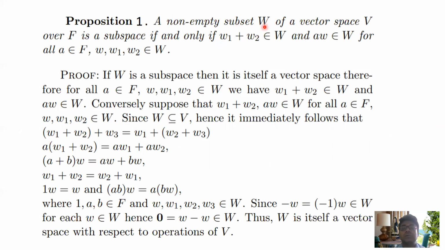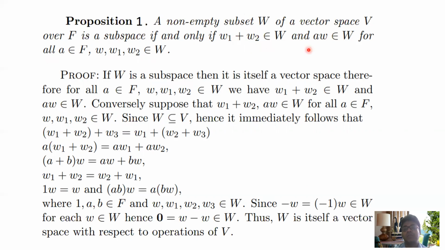A non-empty subset W of a vector space V over F is a subspace if and only if w1 plus w2 belongs to V, and aw belongs to V, for all a belonging to F and w1, w2 belonging to W. This is another condition by which you can prove that W is a subspace of V, as well as another property.